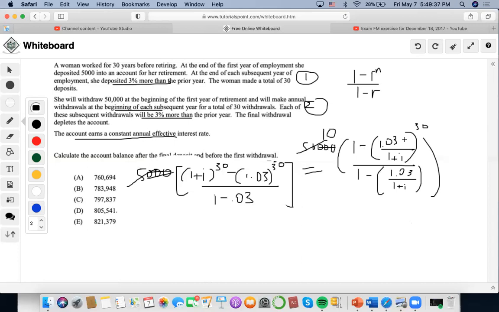So again, for the numerator for this one, I could do 1 over, and this one's, so then it would be 1 plus I to the 30 minus.